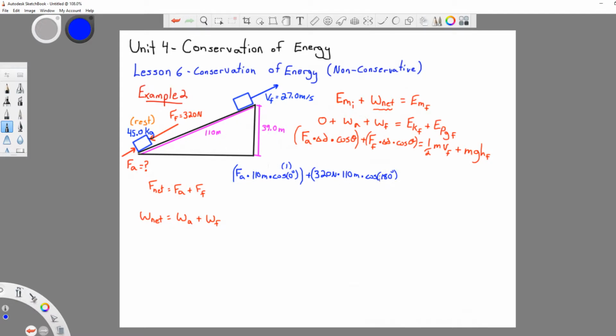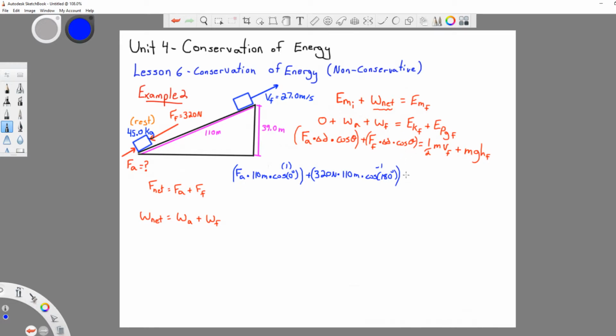I explained this cos 180 in the last video, because what's going on is our motion is up the hill, our force of friction is acting down the hill. They are opposite directions. They are 180 degrees apart from one another. So this cos 180 is going to give us a -1 value here.